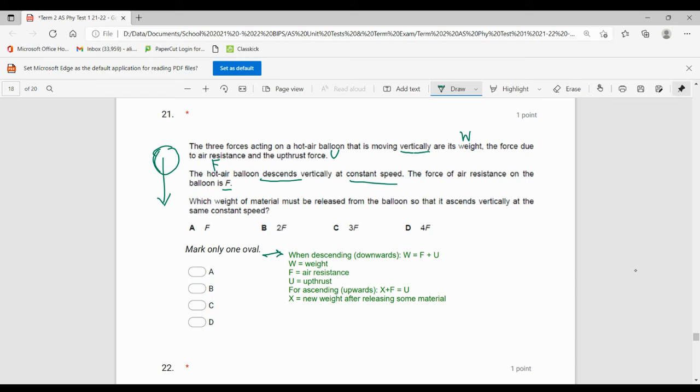Air resistance will be upward and upthrust is always upward. So this is the equation when it is moving at a constant speed downwards.